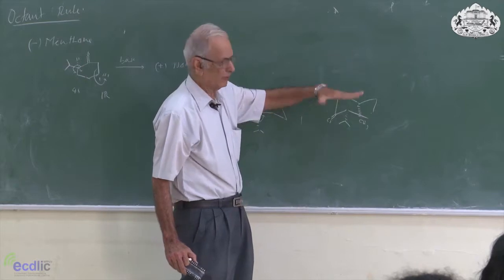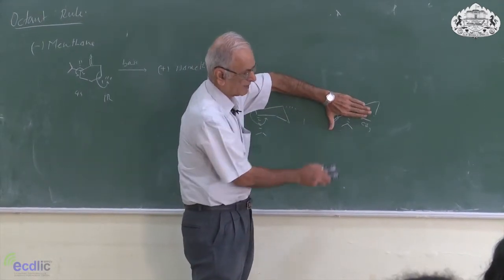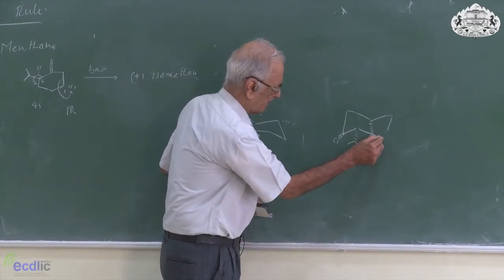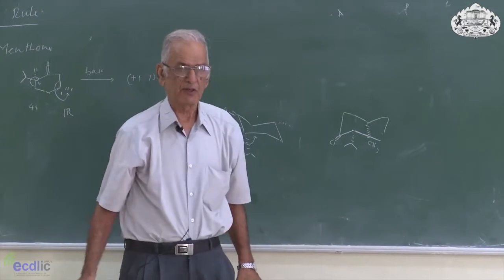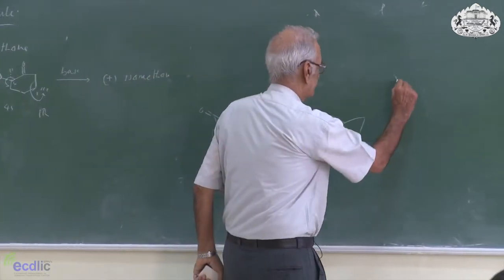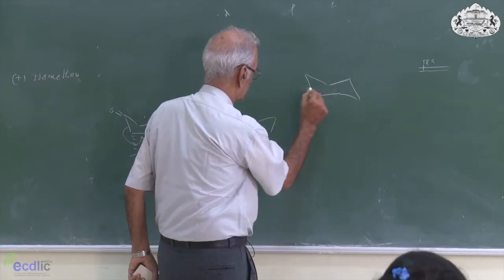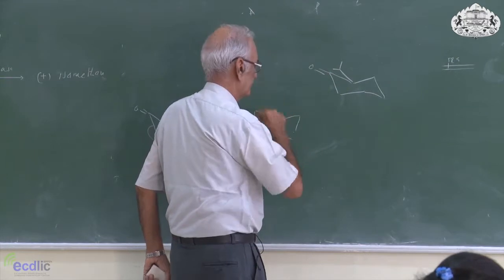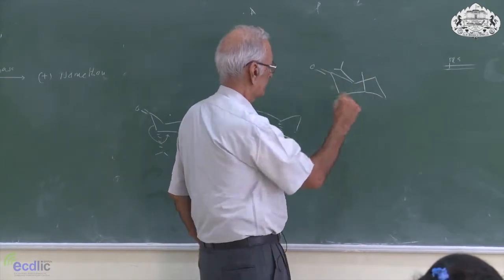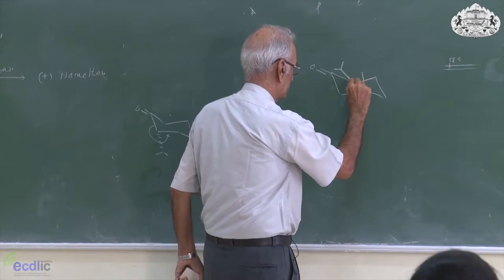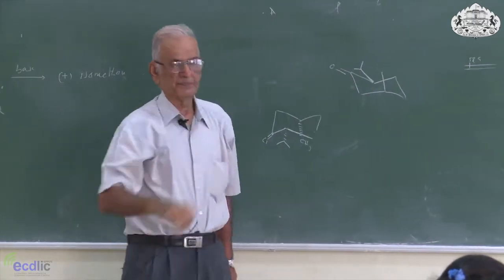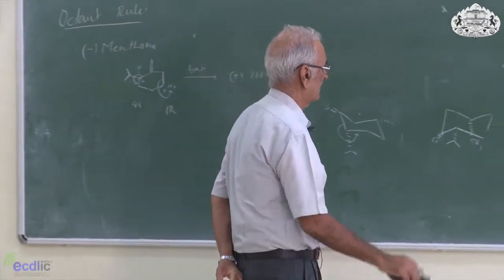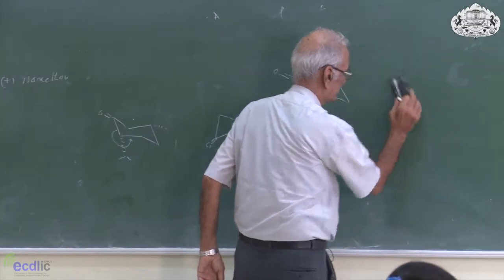Do this, and you do this, what will happen? Whatever groups are below will become above, and whatever groups are on the lower surface will go on the upper surface. So, at first glance, this should be the picture.